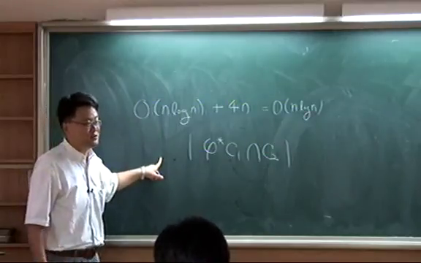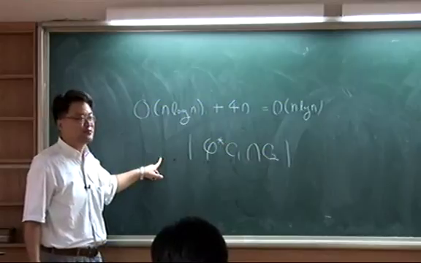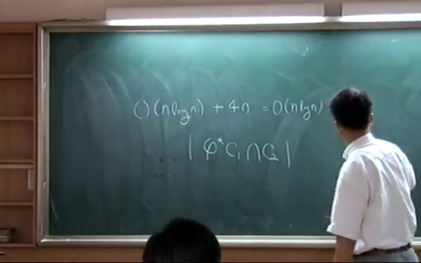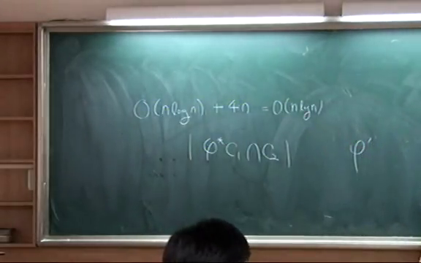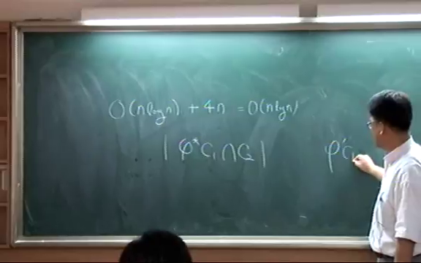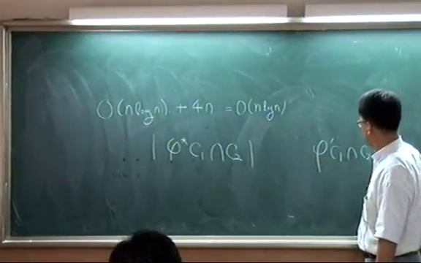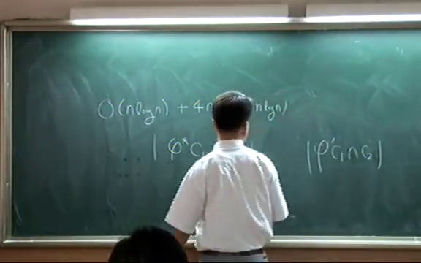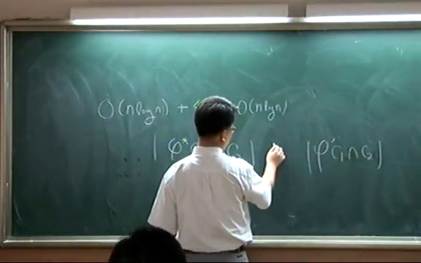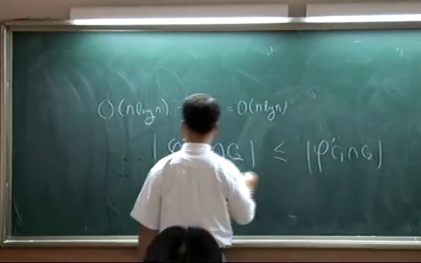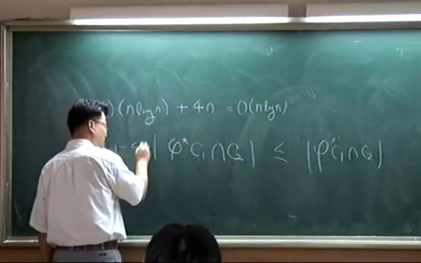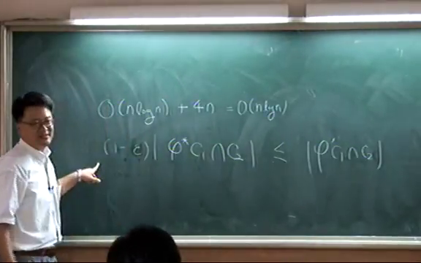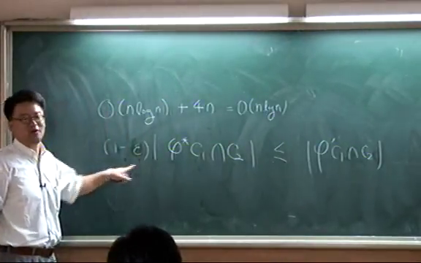Our 1 minus epsilon approximation algorithm returns another transformation, rho prime, for C1, such that the solution of our approximation is at least 1 minus epsilon times the optimal solution.